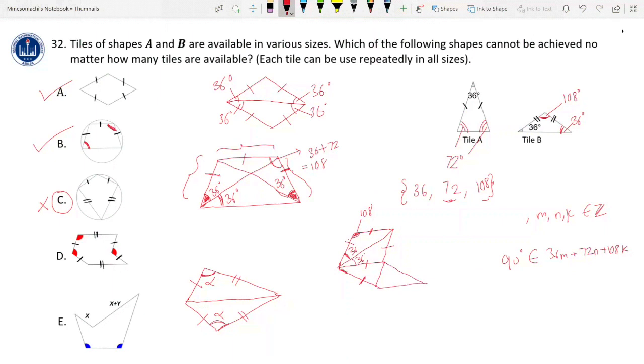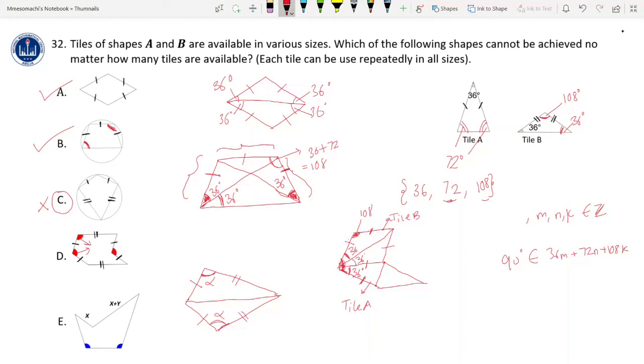So this is tile B, and this is tile A. So this angle here is also 36 degrees, and we know that 36 plus 36 plus 36 will give us 108. So in fact, this whole angle here is equal to this angle as we want in the diagram.